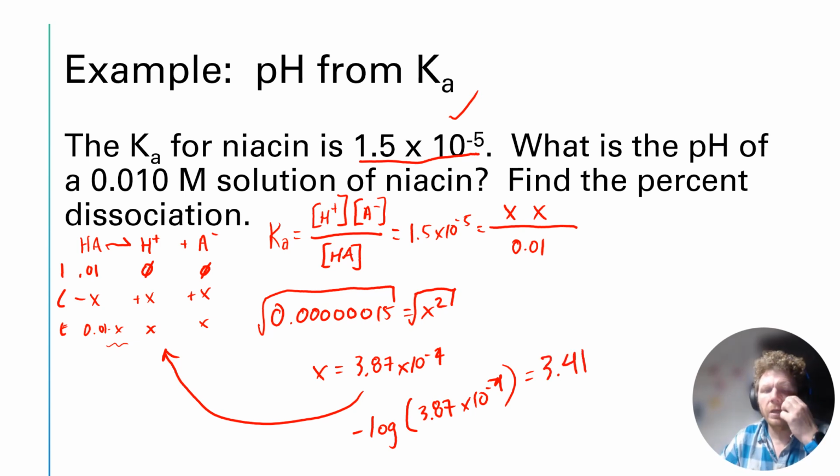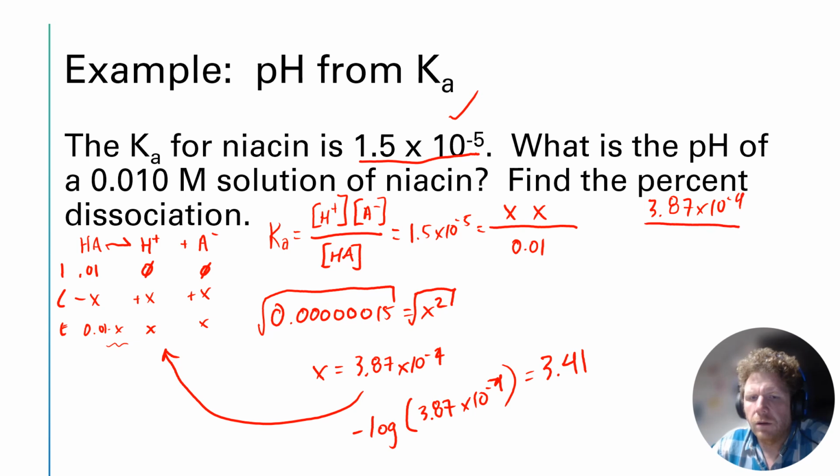Okay, so there's my pH. Now the next part of this was really, what is my percent dissociation? And that's going to be my hydrogen ion concentration, which is 3.87 times 10 to the negative fourth, divided by 0.01, because that was my original HA concentration.